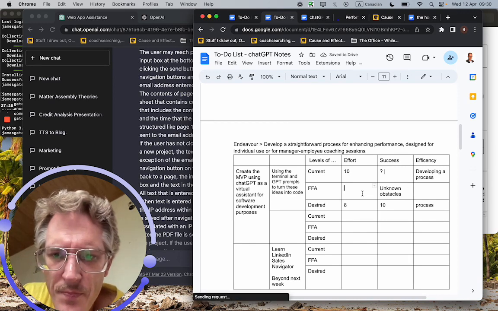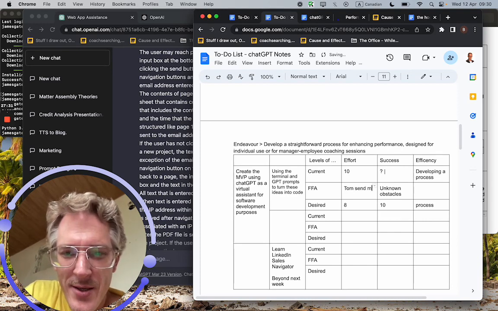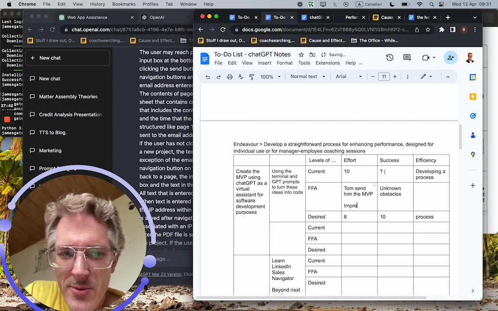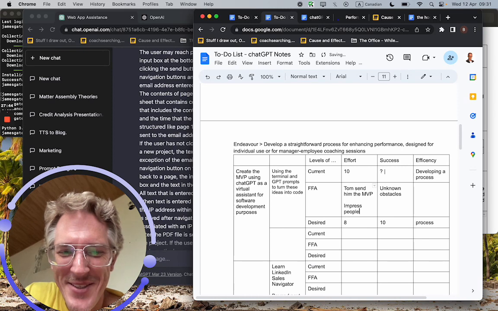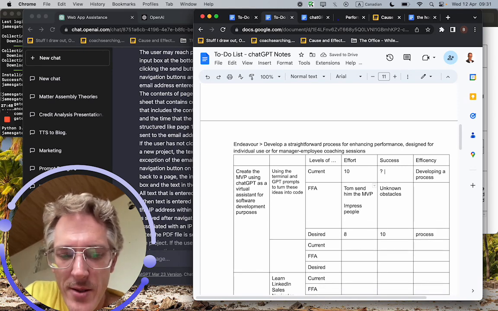What's driving me? I mean, Tom asked me to send him the MVP. So that's definitely a driver. I want to impress people. That's the reality. I'd like to be a provider. This is one of my roles.